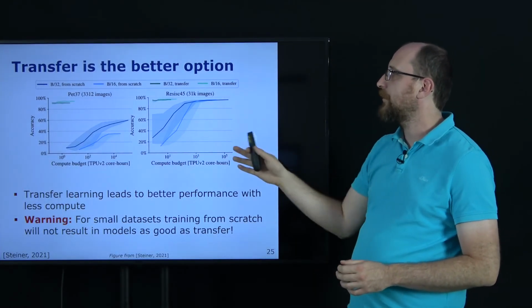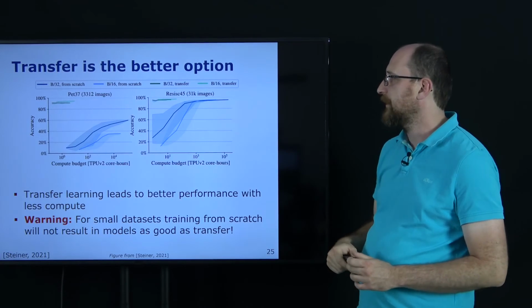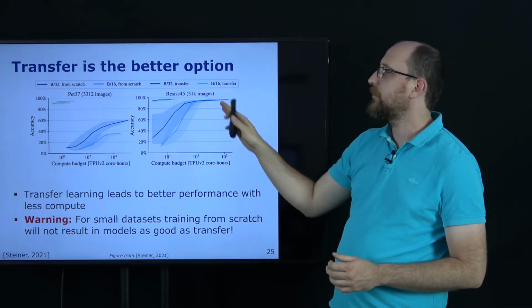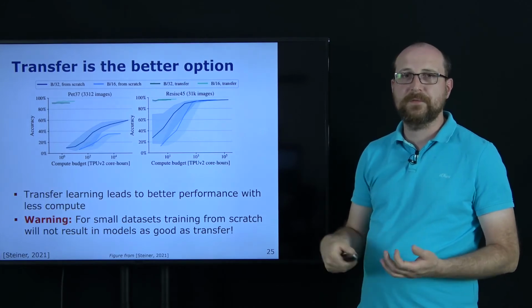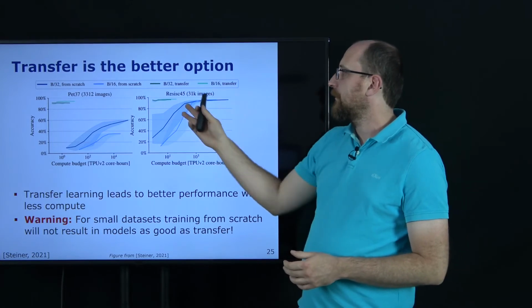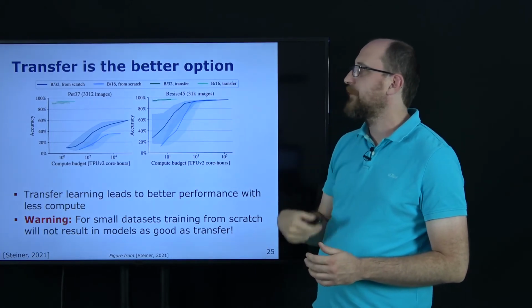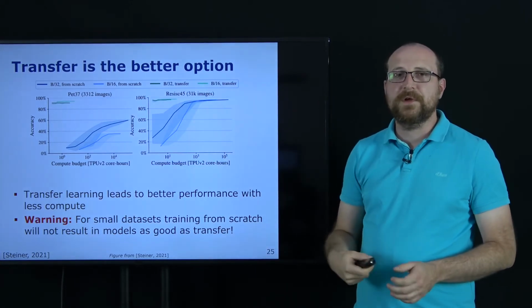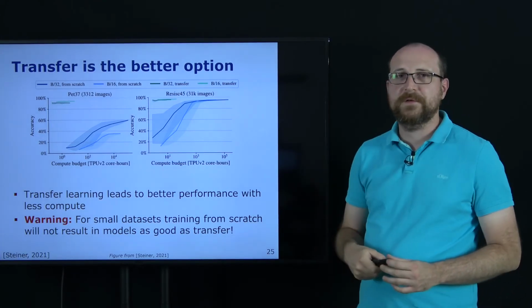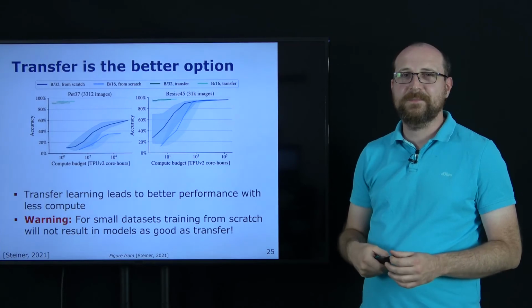When we then go over to larger data sets, we can see that we can use more compute to reach similar performance when we are training from scratch. But in the end, it turns out that we can get similar performance by just using a pre-trained transformer. And therefore also the title of the slide, transfer is the better option.